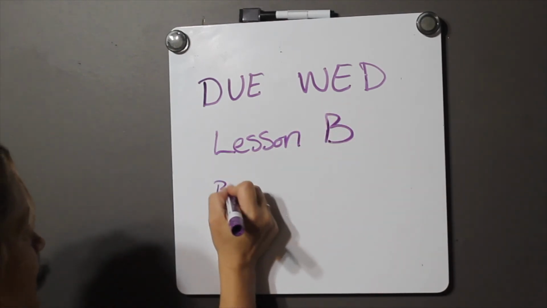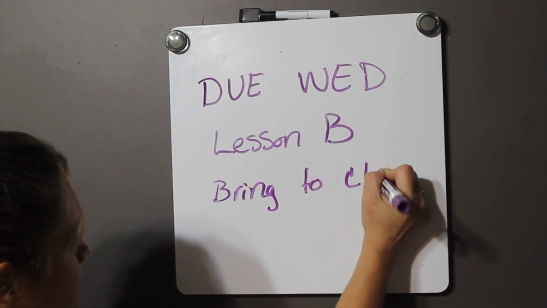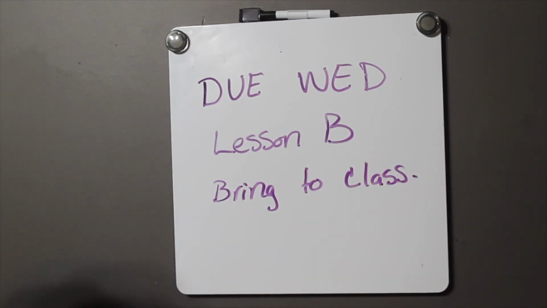And you're going to bring that to class. Now, if there are any that you don't know how to do, you don't understand, just leave it blank, and then you can ask me first thing when we get to class, and I'll do it on the board and re-explain it to you until you understand it. All right? See you on Wednesday.